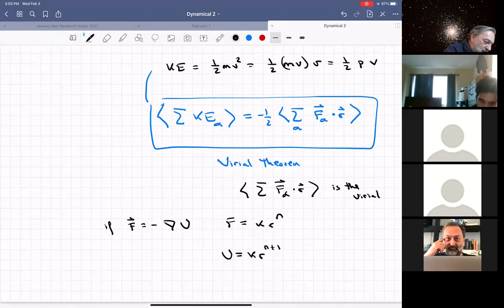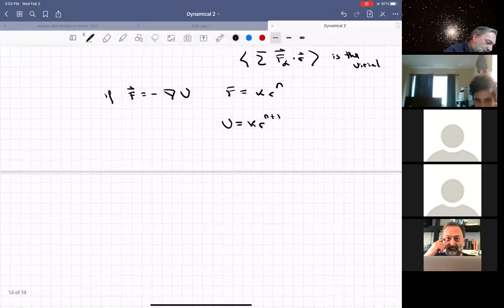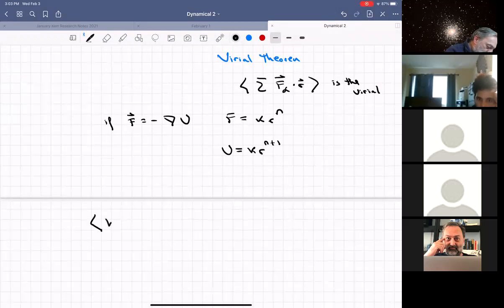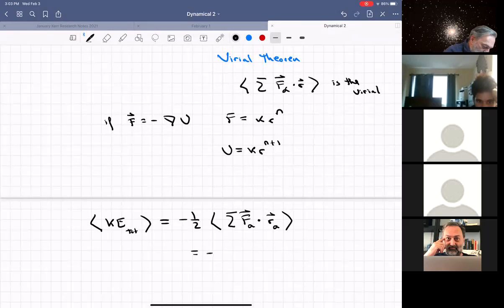And my virial term, how do I want to write this? Sum of force dot r, is the sum of the gradient of u dot r.